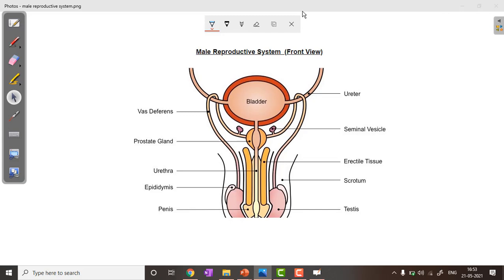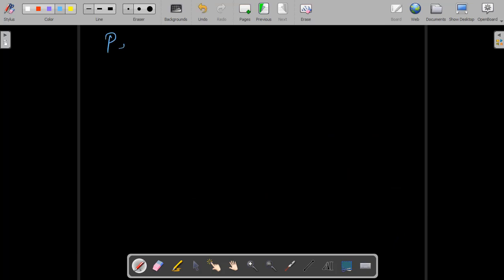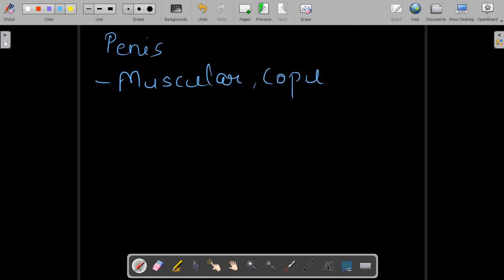Okay, so penis is said to be a muscular copulatory organ. Penis is said to be muscular. It is highly muscular in nature, and it is also said to be a copulatory organ. Copulatory organ means it helps in entering the female reproductive system.